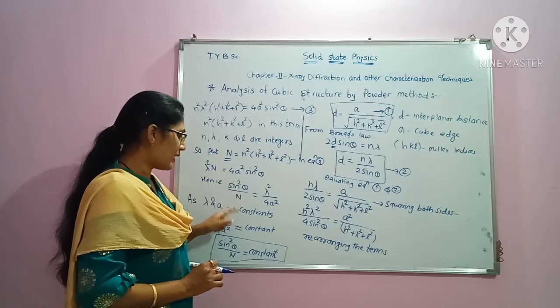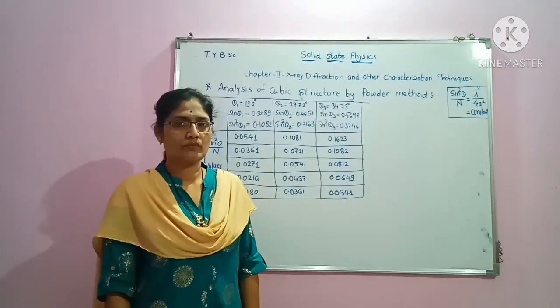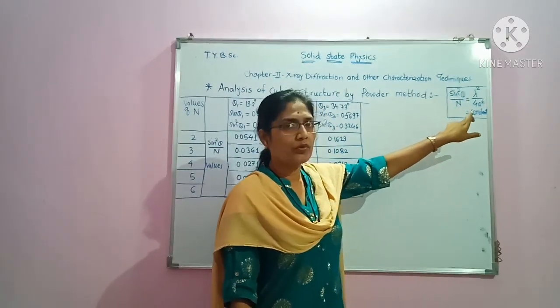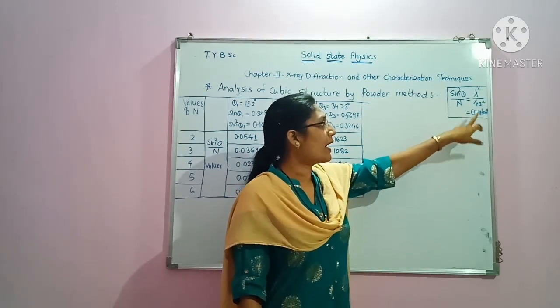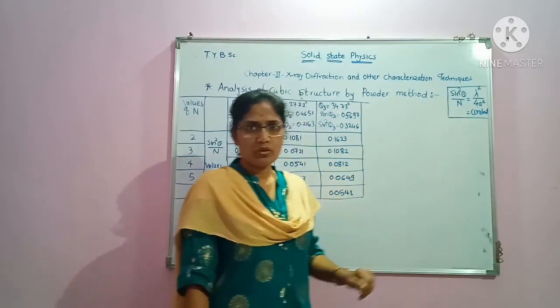So sin square theta upon n will become constant. So we have obtained sin square theta upon n is equal to lambda square upon 4a square, and we know that lambda square upon 4a square is equal to constant.